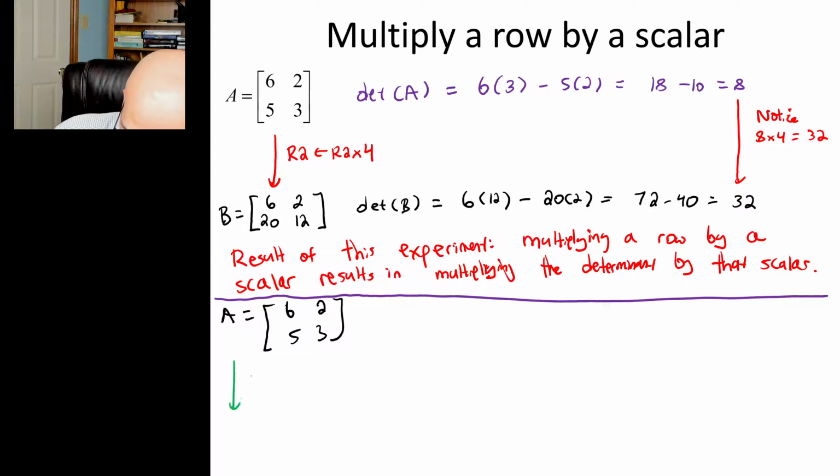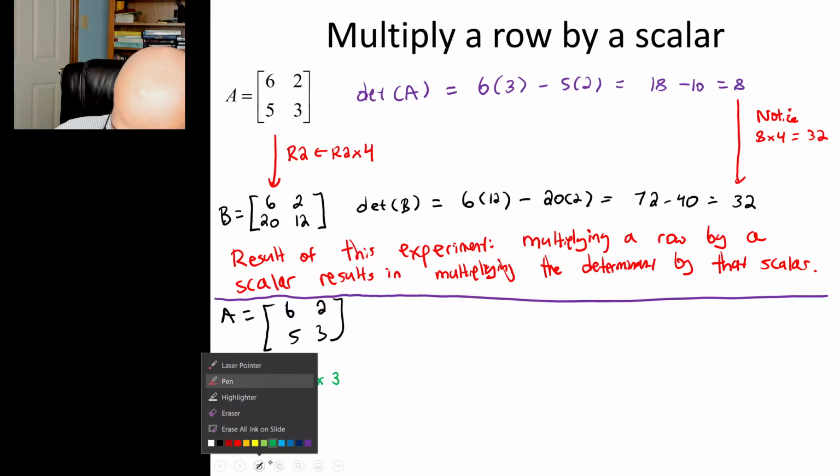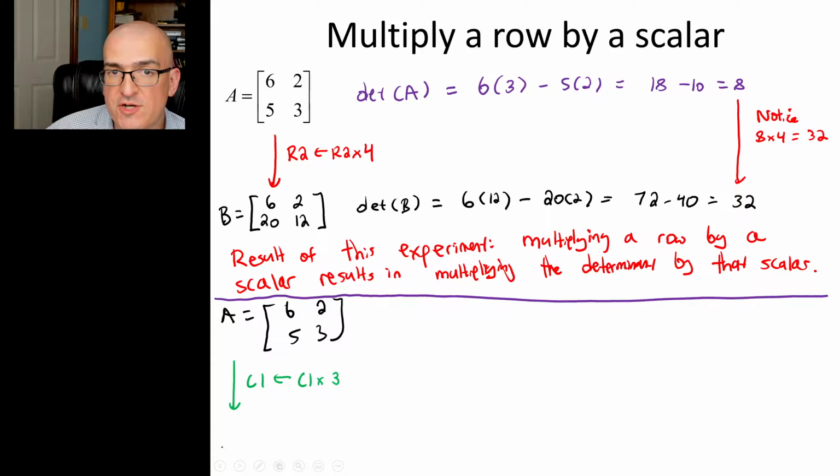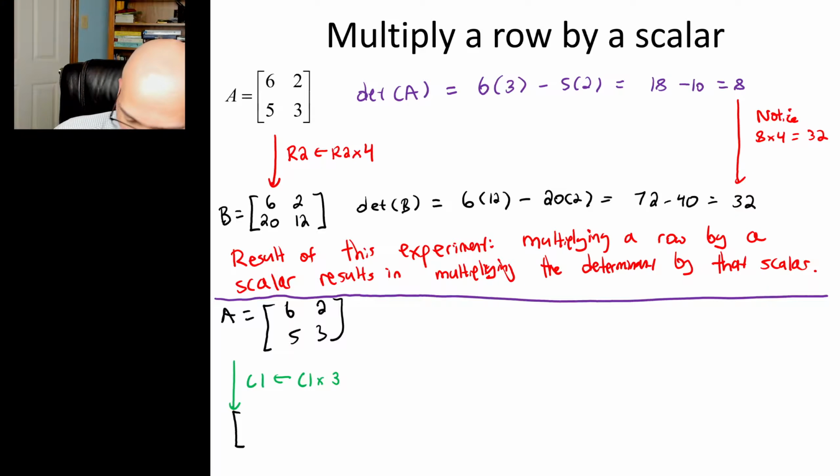I'm going to replace column 1 by column 1 multiplied by 3. You haven't seen that type of notation before. You're used to seeing the row notation. This is a column operation. So column 1, we have 18, and then 5 times 3, 15, and then 2, 3.